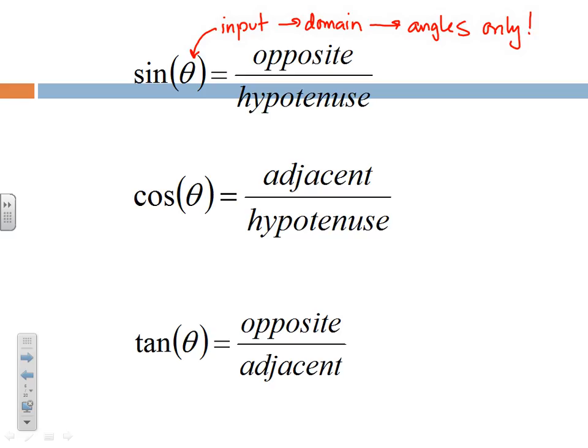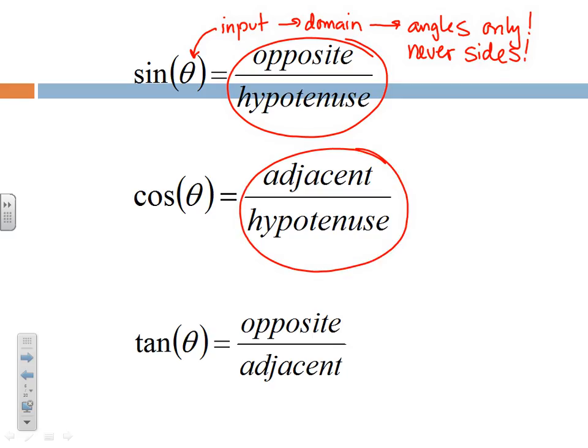Never put a side into one of these functions, all right? The sides are all on this side of my equation, all right? And you're going to notice, this is related to that last video, that we're talking about opposite sides and adjacent sides.